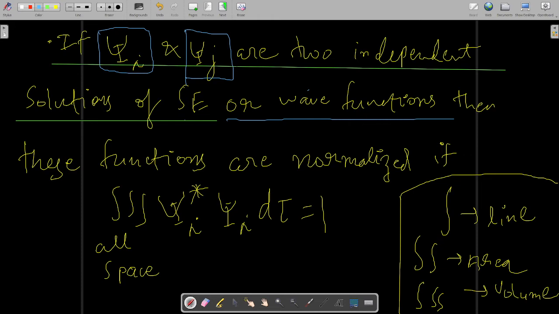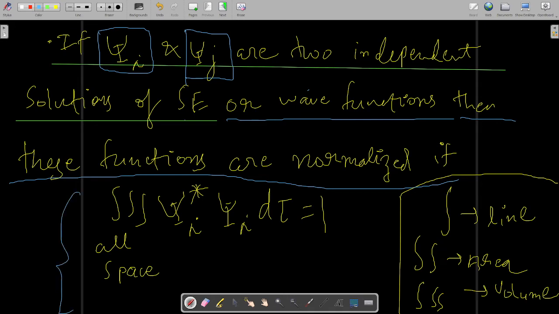Dependent wave functions simply mean that you can obtain the other wave function by multiplying or dividing by a constant. So independent wave functions imply the opposite. Then these functions are normalized. How will these functions be normalized? These functions are normalized if they satisfy this relation. This is the relation which they must satisfy so that they are normalized. Okay, you got it, right?